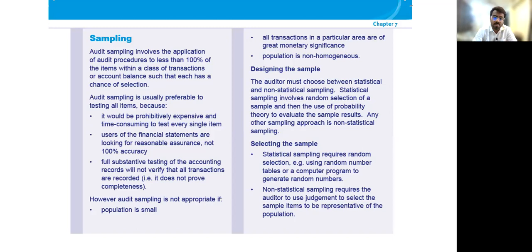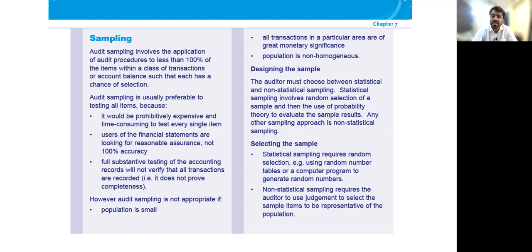Next, full substantive testing of the accounting records will not verify that all transactions are recorded. Even if you check 100% of the transactions, that still will not tell you that all the transactions have been recorded.